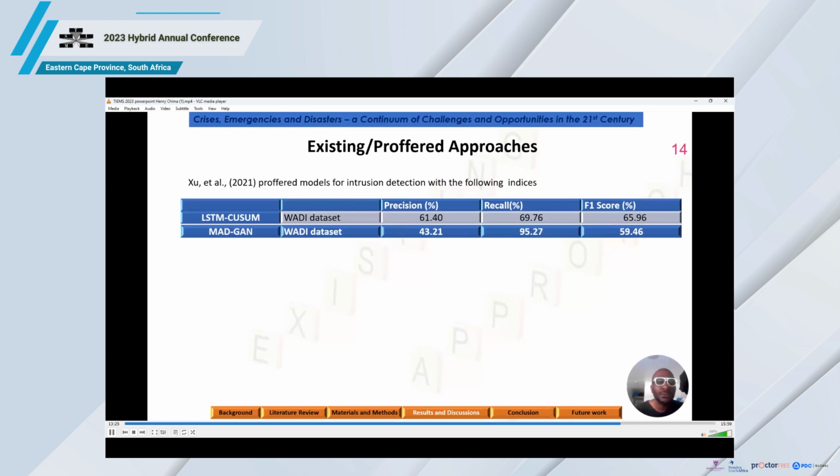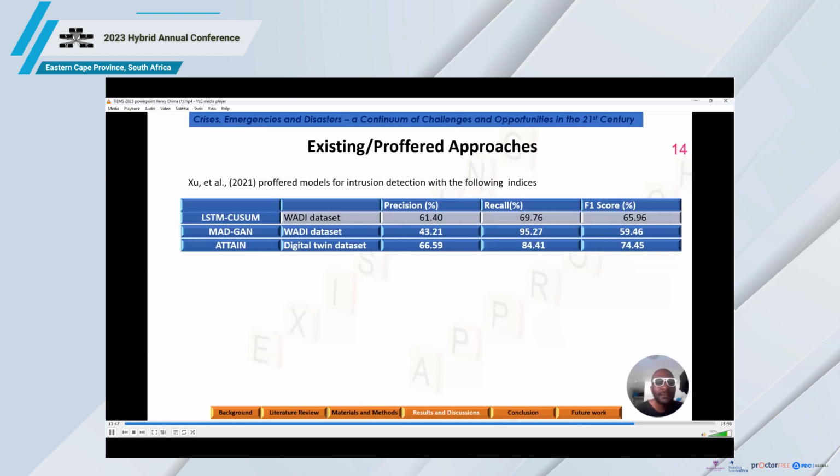They also went further to apply the multi-analysis decision generative adversarial network algorithm on the WADI dataset, and came up with 43.21 for precision, 95.27 for recall, and an F1 score of 59.46.